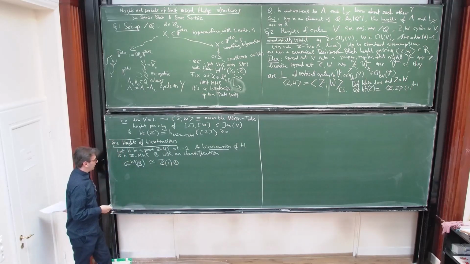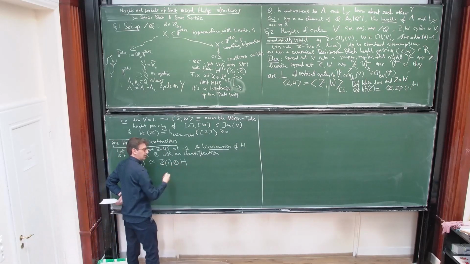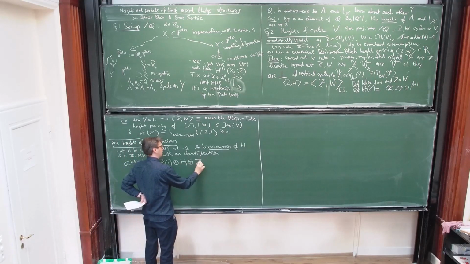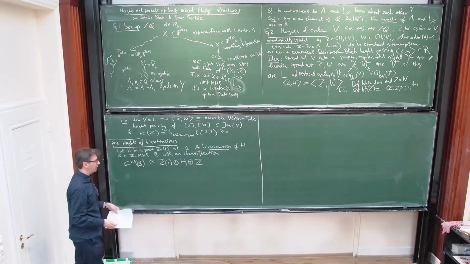So this is weight -2, and then there's H, which is the weight -1 graded piece, and there's another Z, which is the weight 0 graded piece.